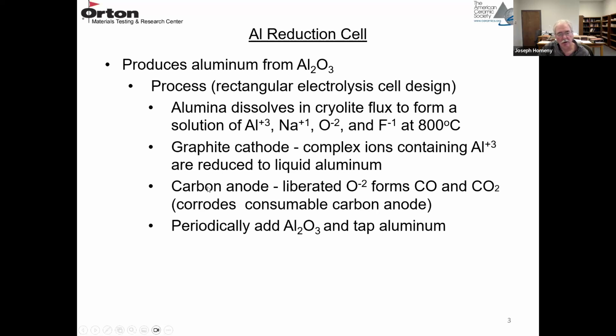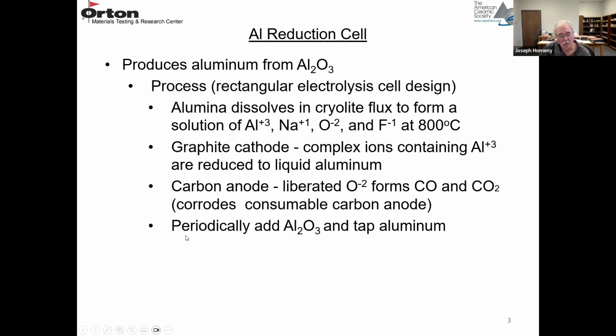And then at the carbon anode, the O-2 that's liberated from the Al2O3 reacts with the carbon anode and basically forms CO2, can also form some CO. So you can see when oxygen reacts with carbon, it's going to consume the carbon anode. So that has to be replaced periodically.